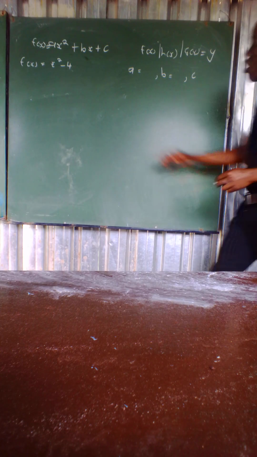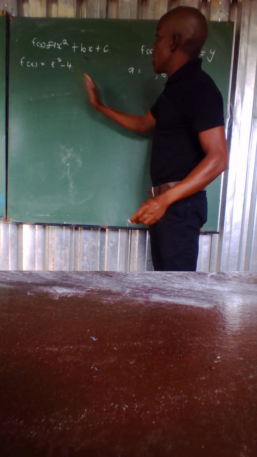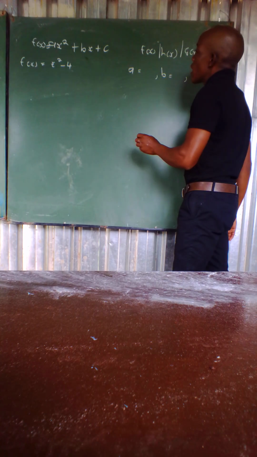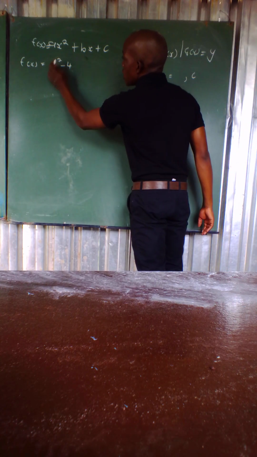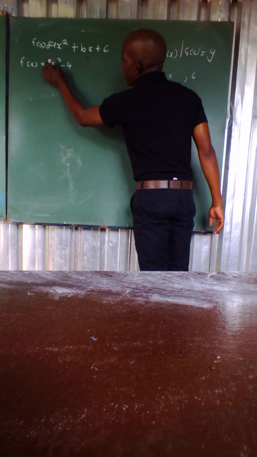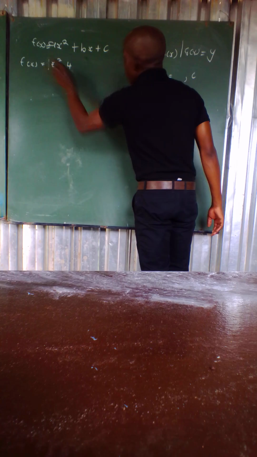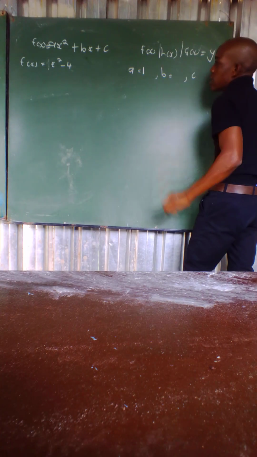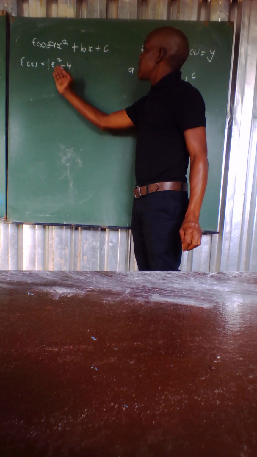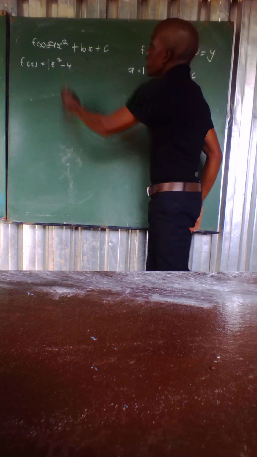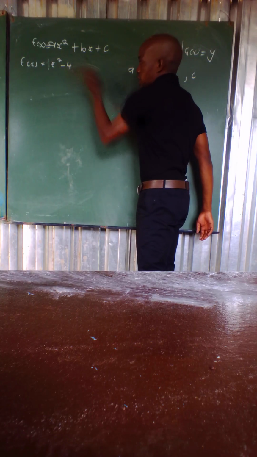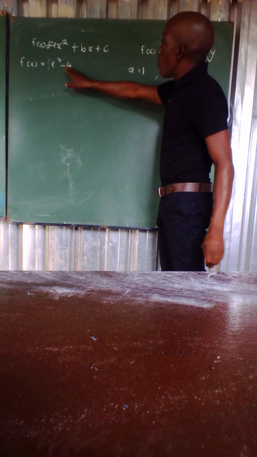Right? Now, when we are looking at this formula, we can find the value of a by saying when we see x squared there is an invisible 1 here. Now, our formula doesn't have a middle term, only the first term and then a constant.